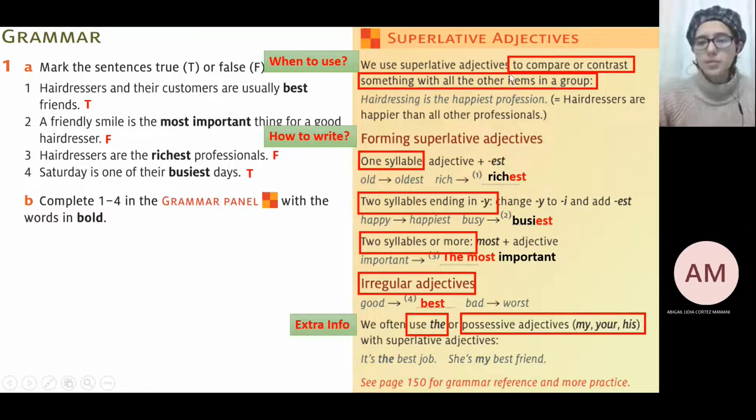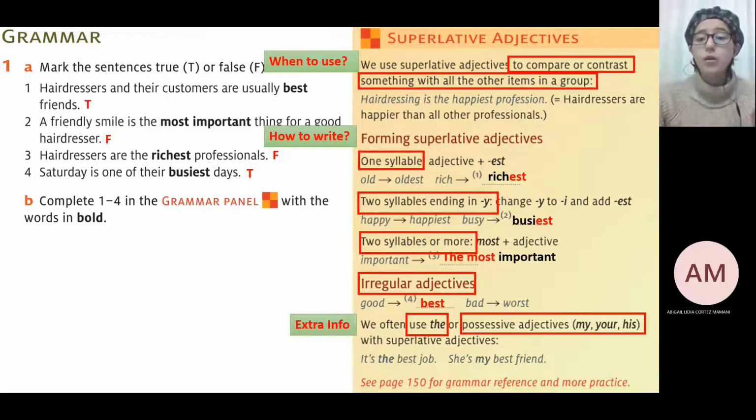So basically, to put it briefly, we use superlative adjectives to compare 3 or more things in a group. Sí, para hacerlo resumido, cuando queramos comparar más de 3 cosas.